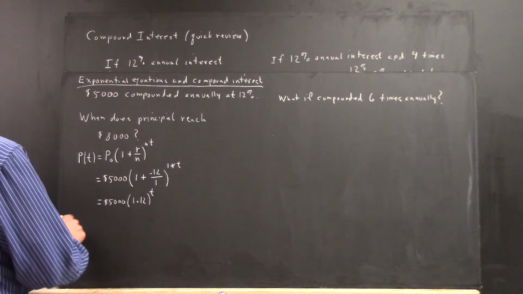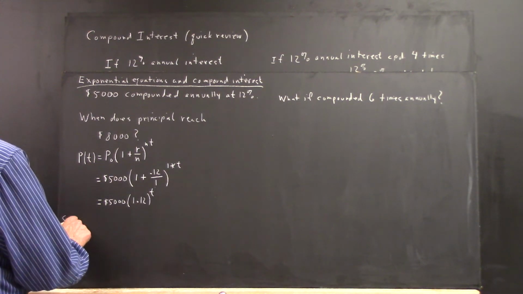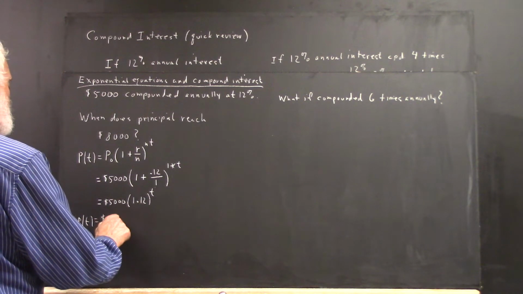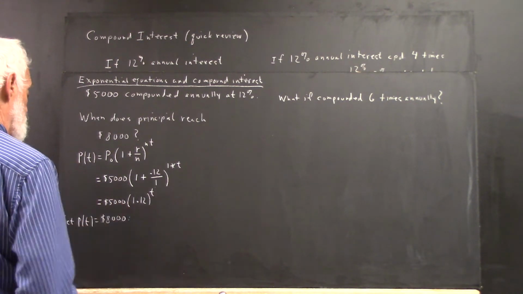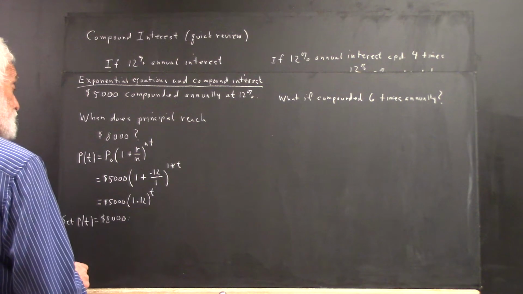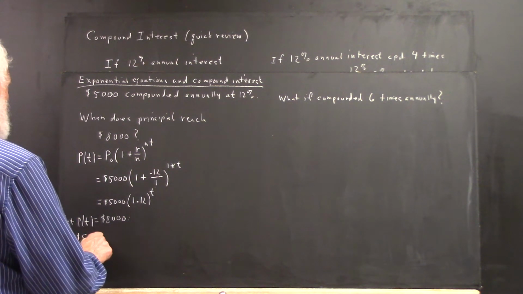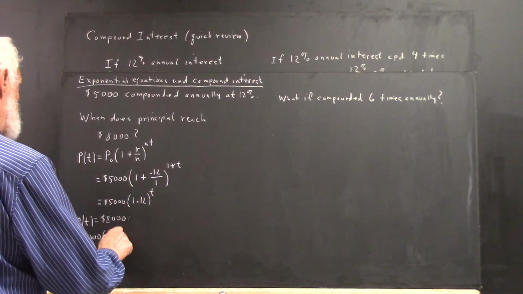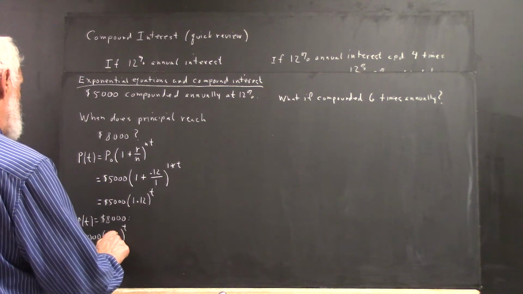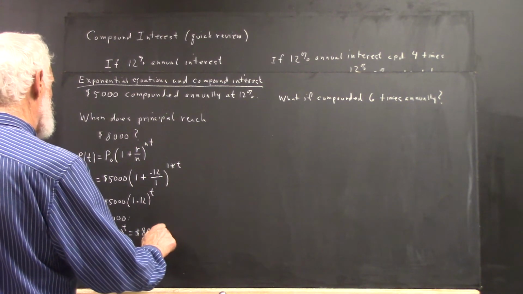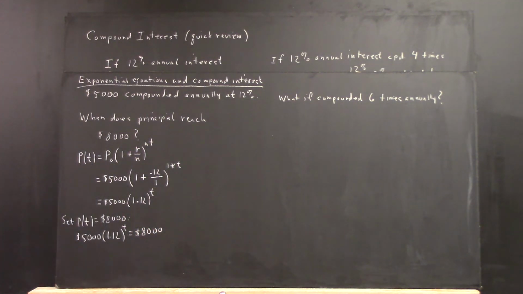So set P of t equal to $8,000. So you get $5,000 times 1.12 raised to the t equals $8,000.